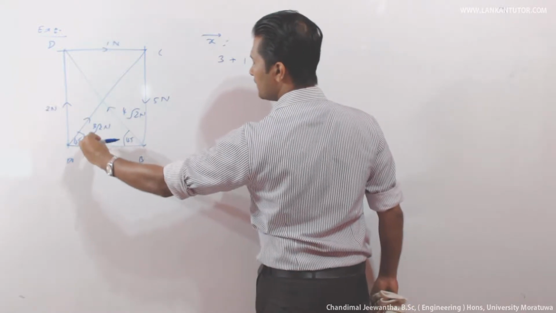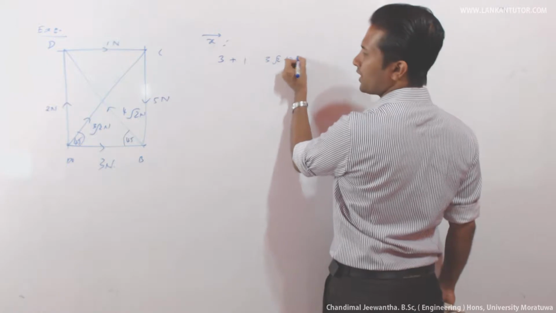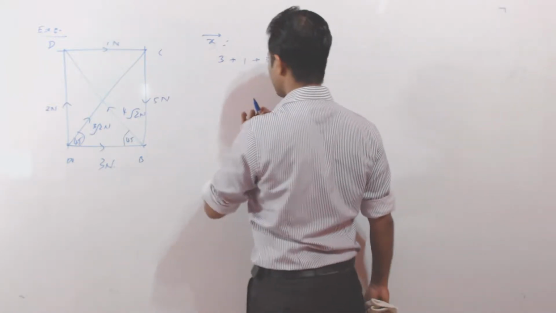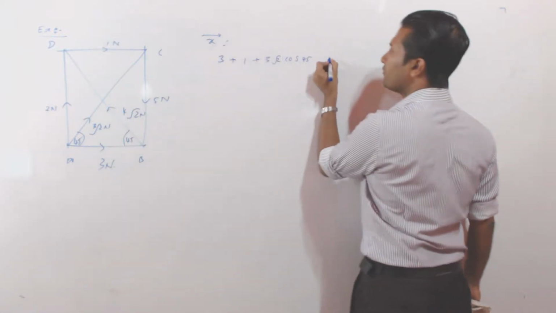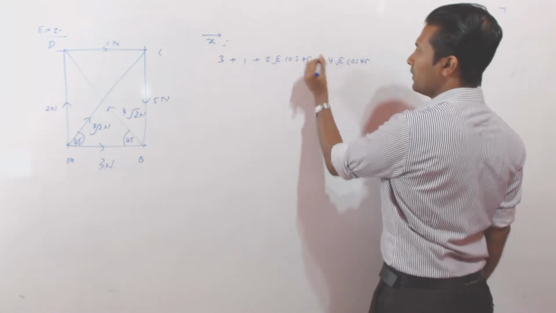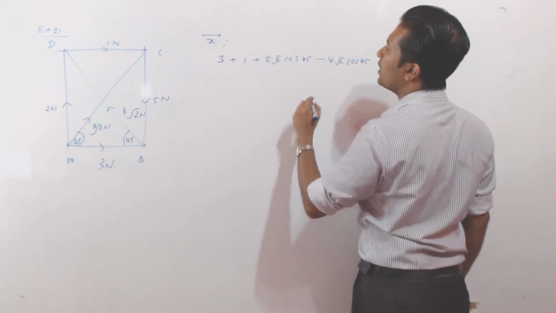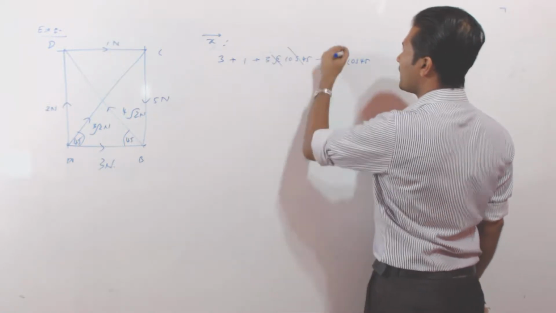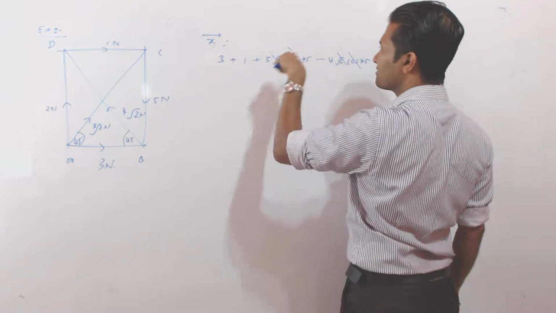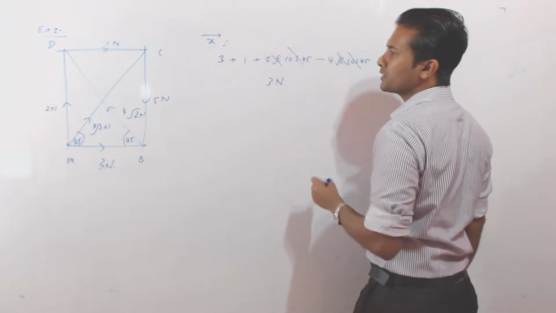Here you have to take the component 3 root 2 cos 45, that is positive. Then consider 4 root 2 again cos 45, but it should be negative. So root 2 cos 45 cuts, root 2 cos 45 cuts. So this is plus 4 and minus 4 cut. The remainder is 3 newtons.